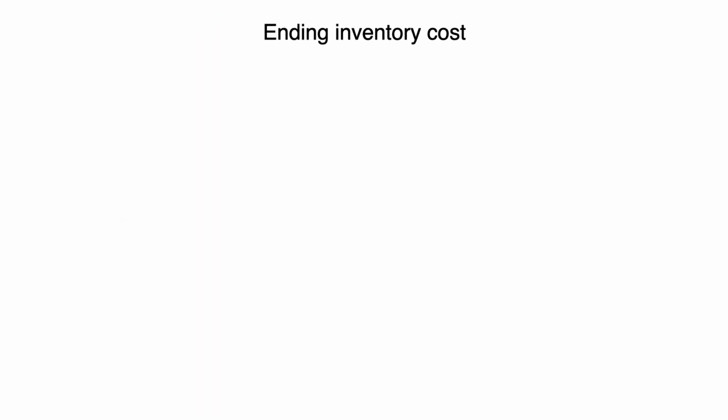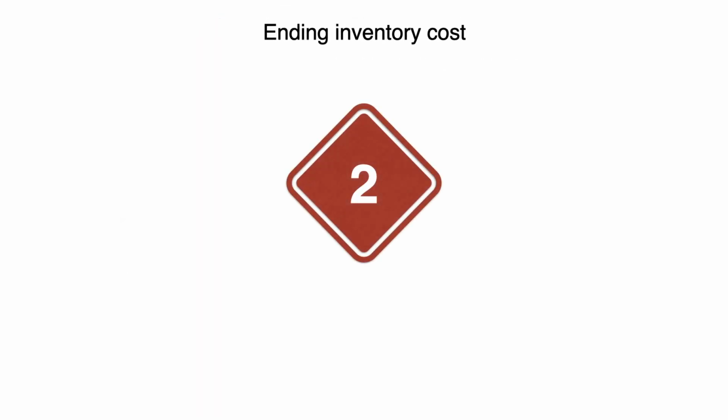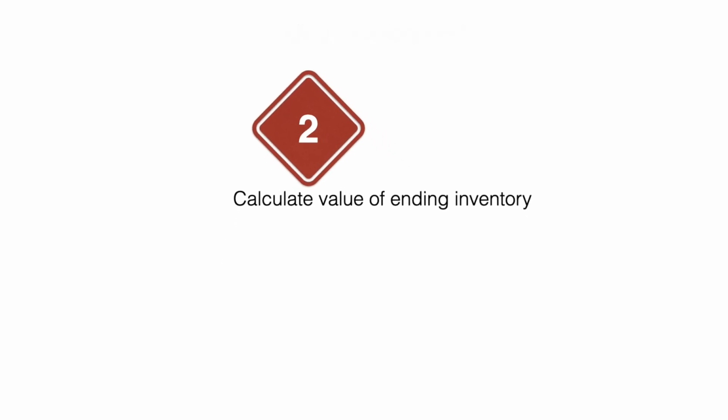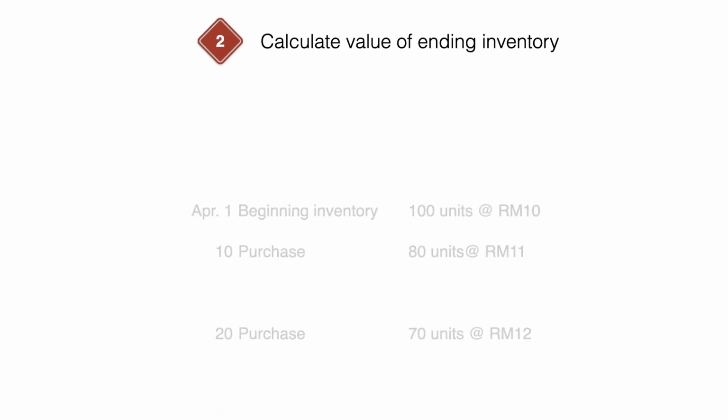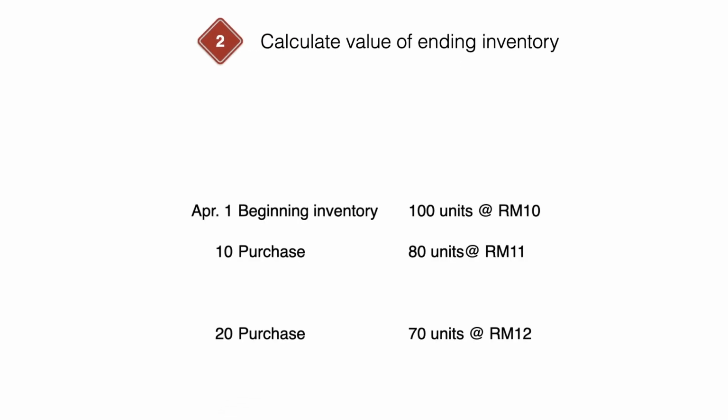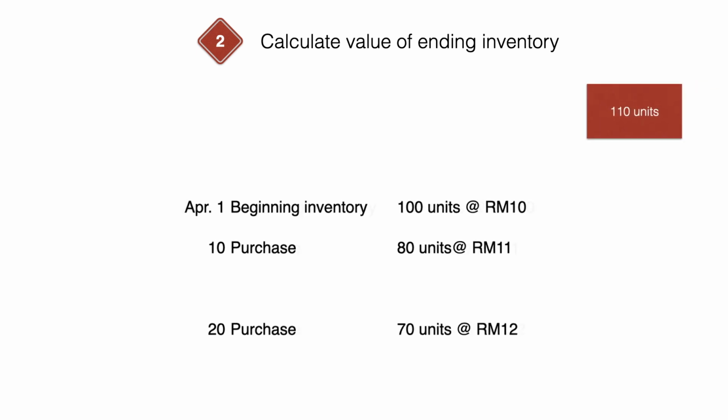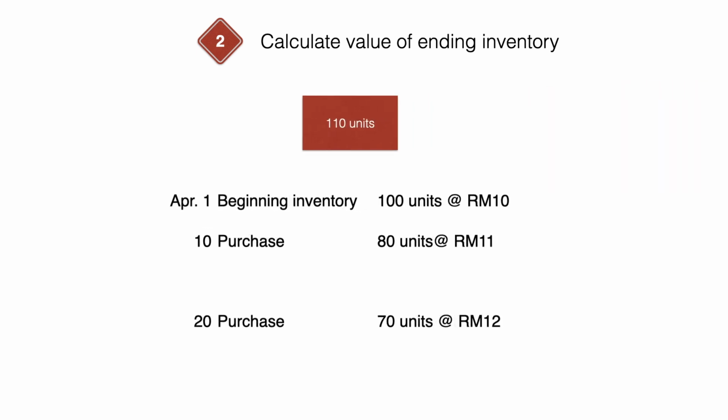Later, in the second step, we are going to value those units. Understanding the concept of first in, first out, the earliest inventory that we have must be sold first. So at the end of the day, the latest that we bought will be the ending inventory.